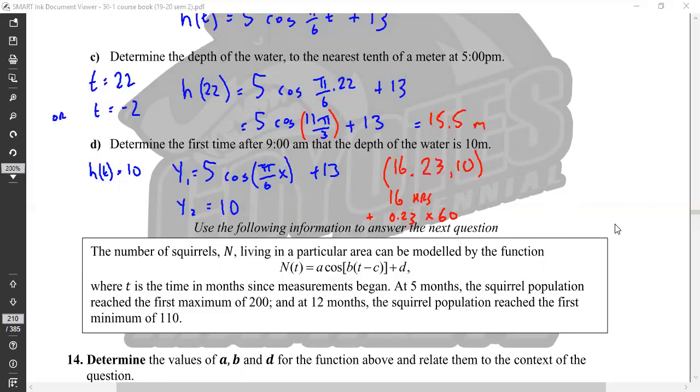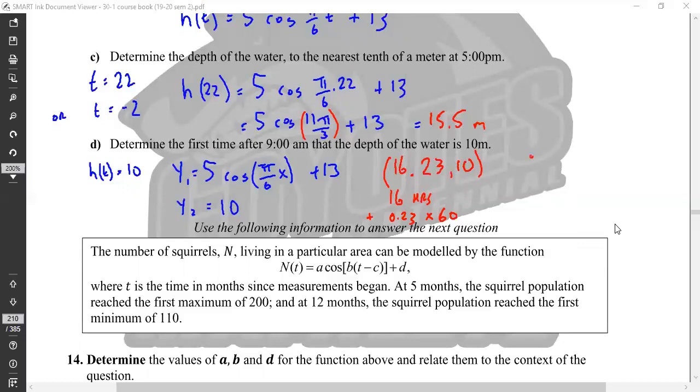Okay, so 16 hours after 7 p.m. is 11 o'clock, right? So 5 hours after 7 p.m. is midnight, and then another 11 hours.